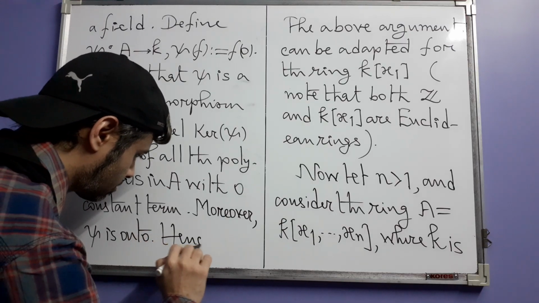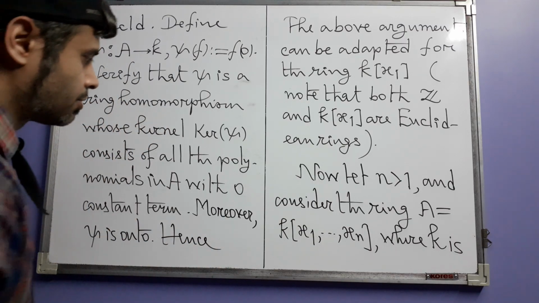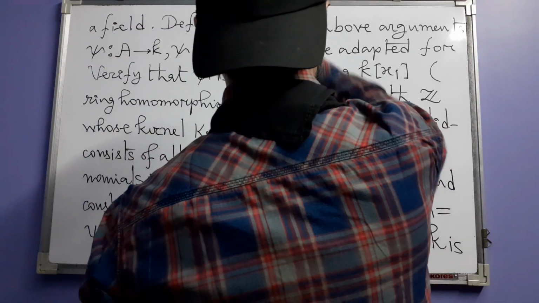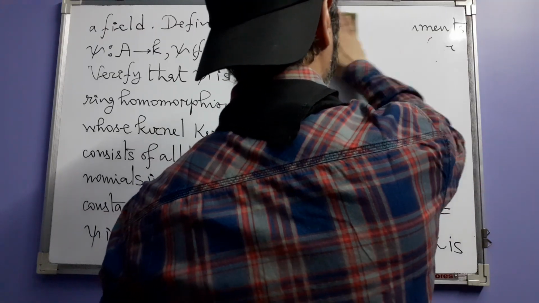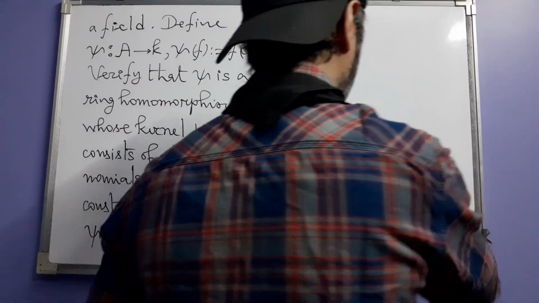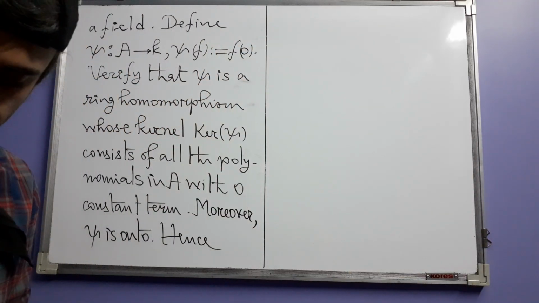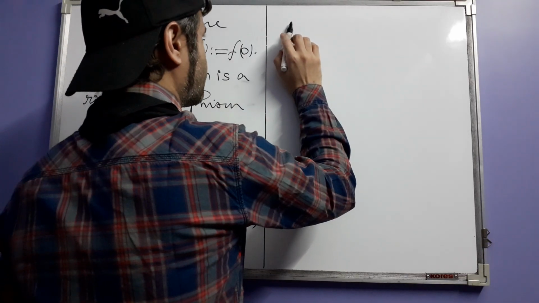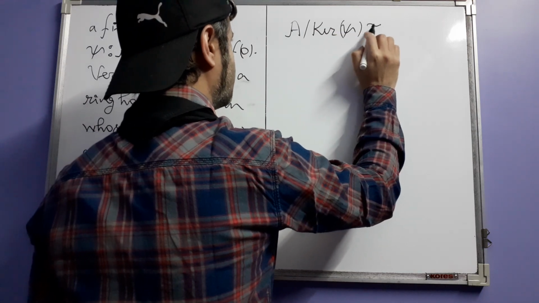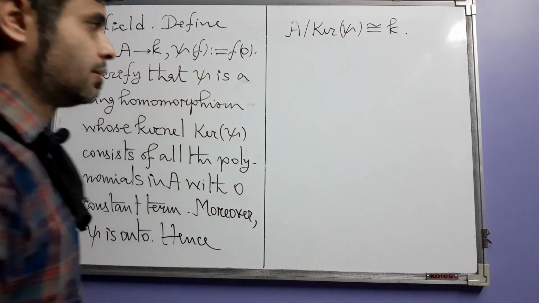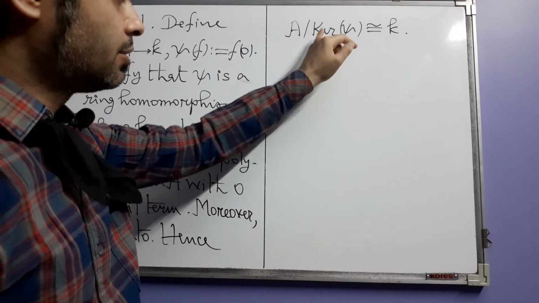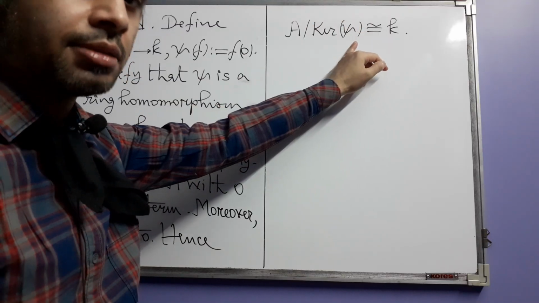Hence, by the first isomorphism theorem for rings, if you form the quotient of the ring A by this kernel, it becomes isomorphic to the field K. Isomorphic to the field K means this is also a field, and because this is a field, this ideal has to be a maximal ideal.